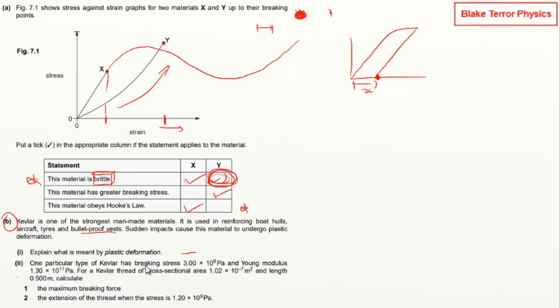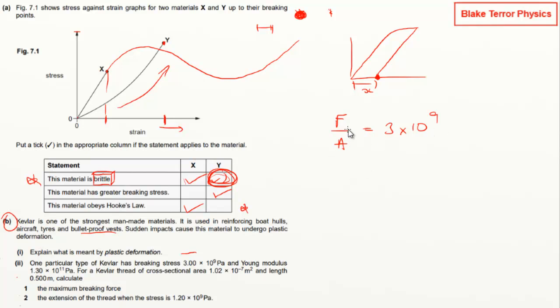Right, so the breaking stress. So stress is our force over area. And the breaking stress is 3 times 10 to the 9 pascals. We've got a cross-sectional area of 1.02 times 10 to the minus 7.